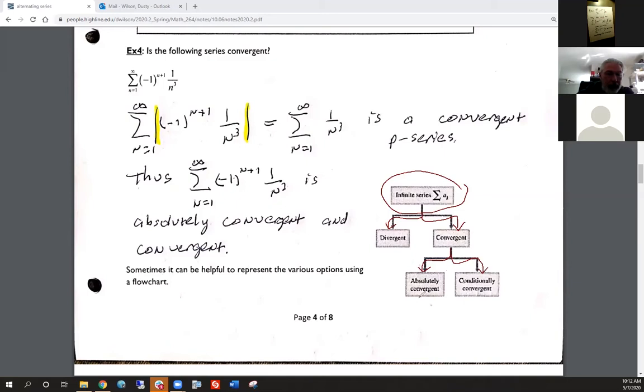In this last example, we had a series that we discovered converged absolutely, and in order to get to absolutely convergent, it must have also been convergent. Perhaps that will help you see the flow of these choices. Questions before we go on?